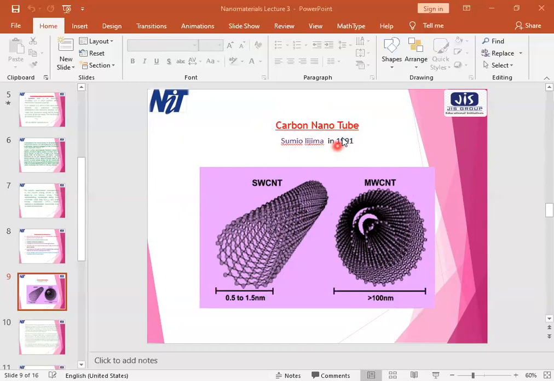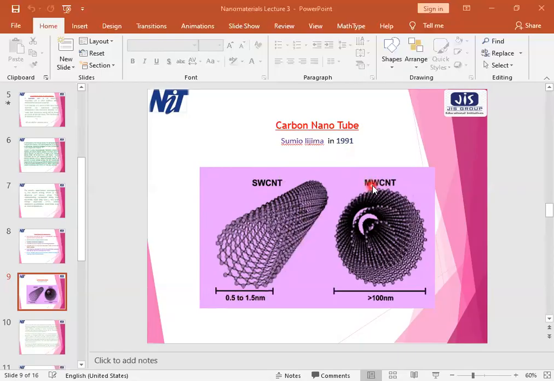Now you see, this is a diagram of a single wall carbon nanotube, SWCNT. You see what happens, a graphene sheet is there, and if it is rolled up, it will have this structure. Okay, the diameter of this single wall carbon nanotube is 0.5 to 1.5 nanometer.